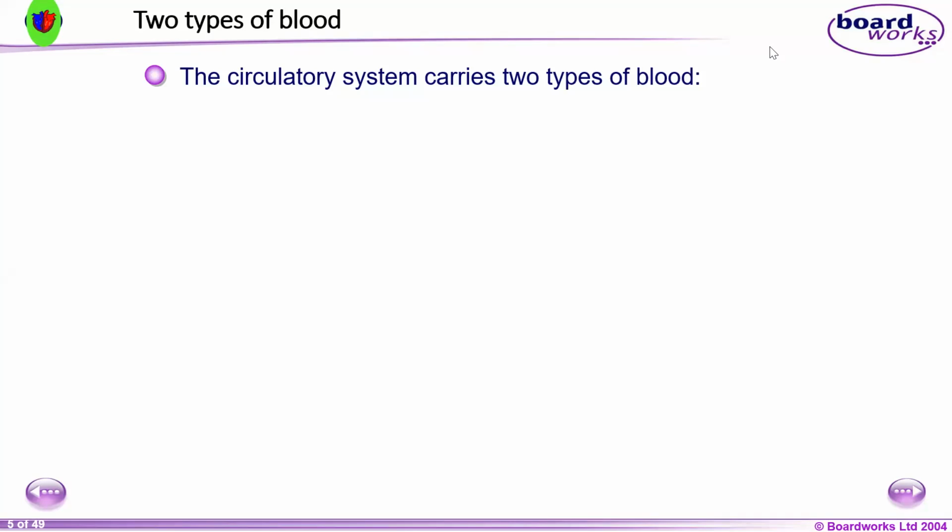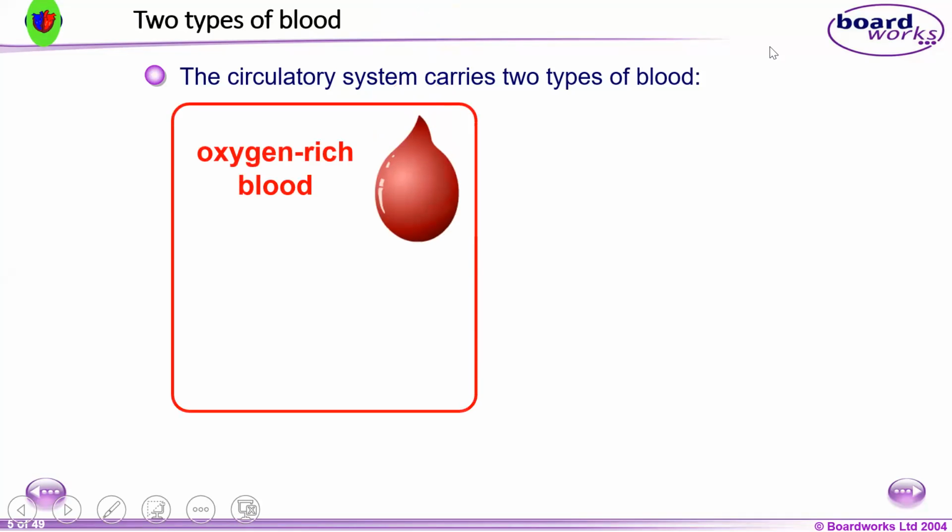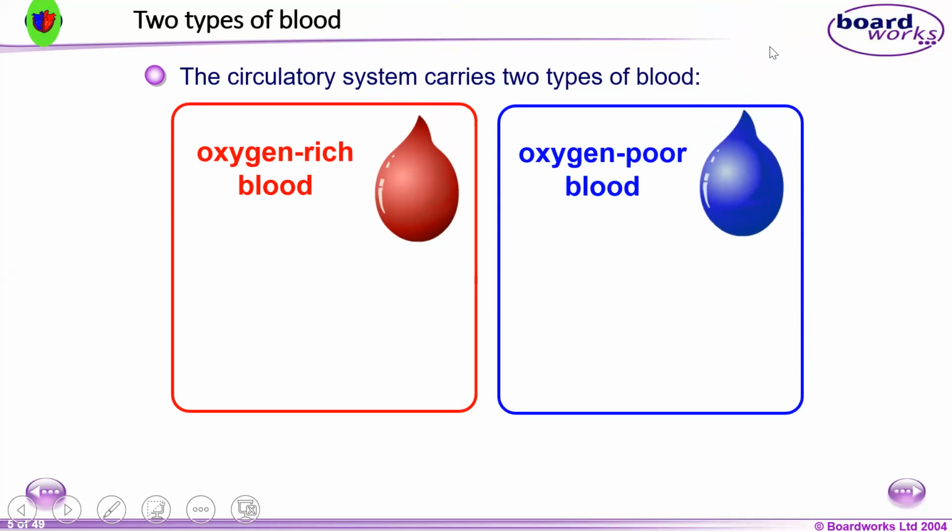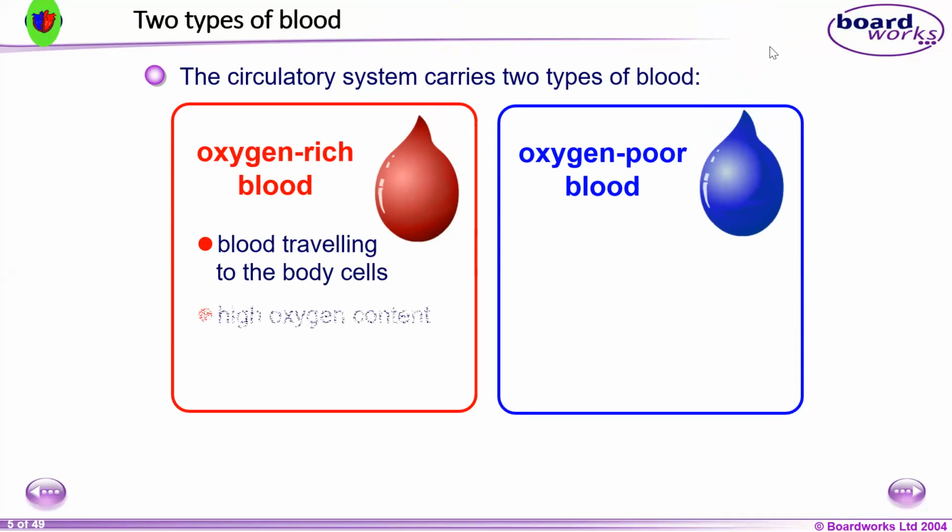Yes, so just now we were talking about oxygenated and deoxygenated blood. Before going ahead in the circulatory system, let's understand what it is. There are 2 types of blood carried by the circulatory system, oxygen rich and oxygen poor blood. Oxygen rich blood is traveling to the body cells, definitely for respiration.